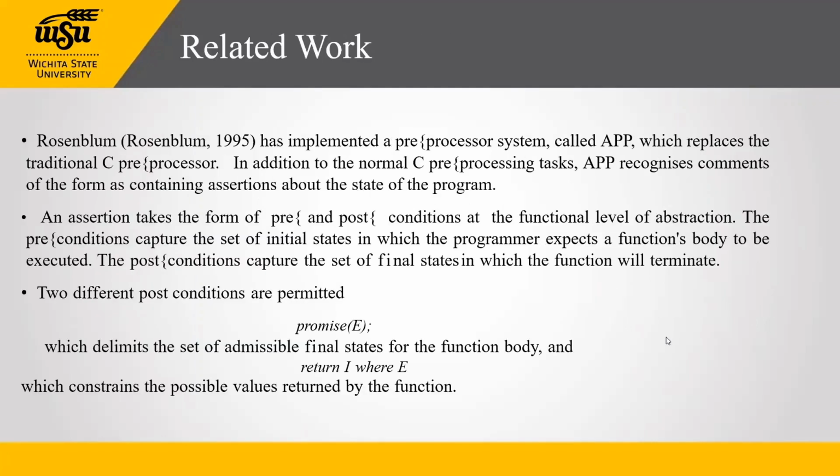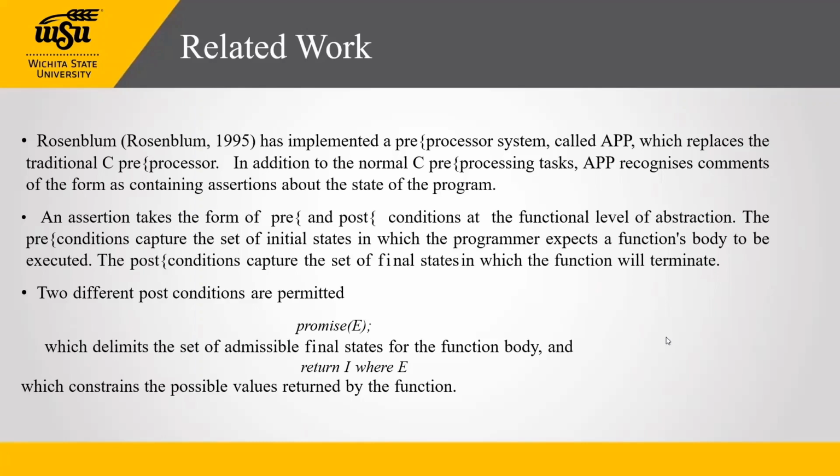And some related work is that Rosenblum implemented in 1995 a preprocessor system called APP, which replaces the traditional C preprocessor, because with the traditional C preprocessor we cannot handle the bigger codes. In addition to the normal C preprocessor tasks, APP recognizes comments of a special form as containing assertions about the state of the program.